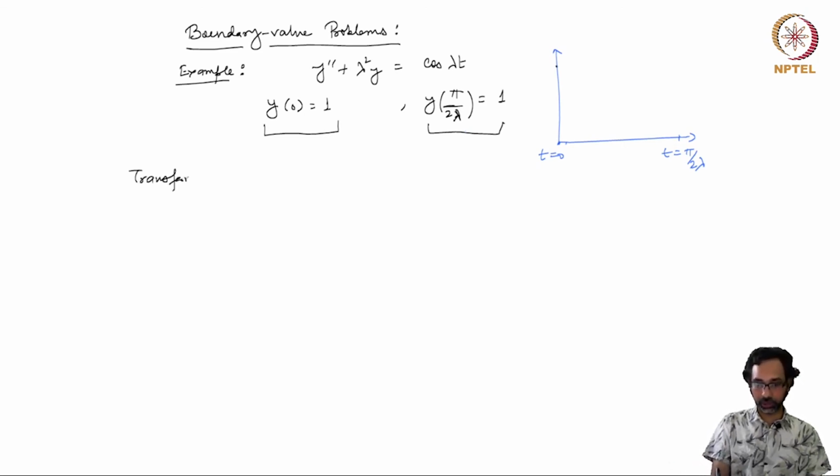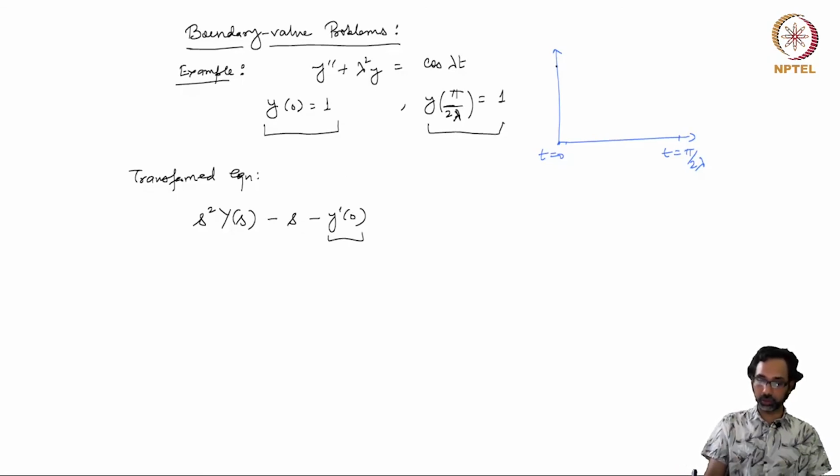So the transformed equation looks something like this. For the first term, you have s square Y(s) minus s y(0), which is just 1, so just s, and then minus y prime(0).